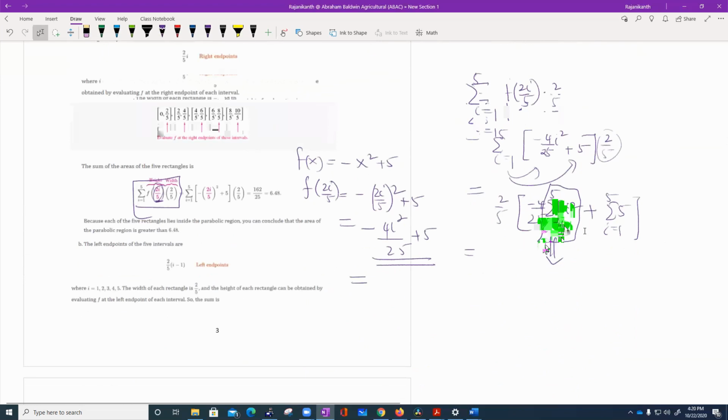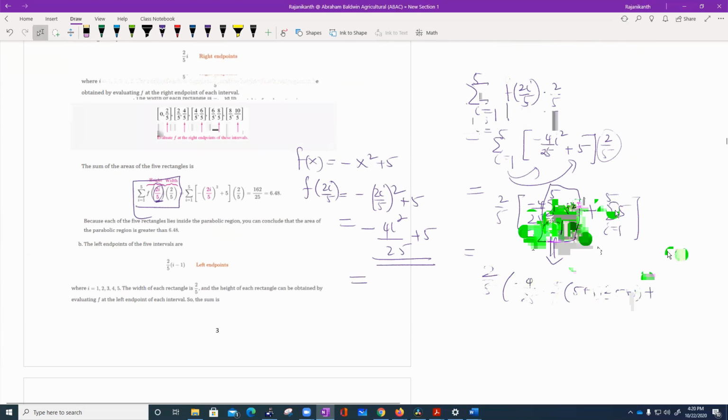So that is 2 over 5 times negative 4 over 25. If we use the third formula with n is 5, you will get n over 6 times n plus 1 times 2n plus 1. I'm simply using the third formula, right?